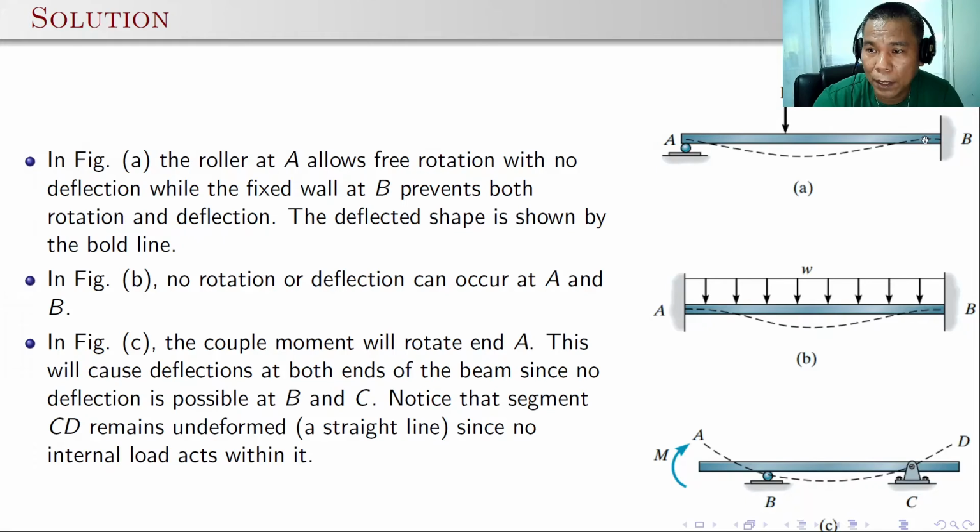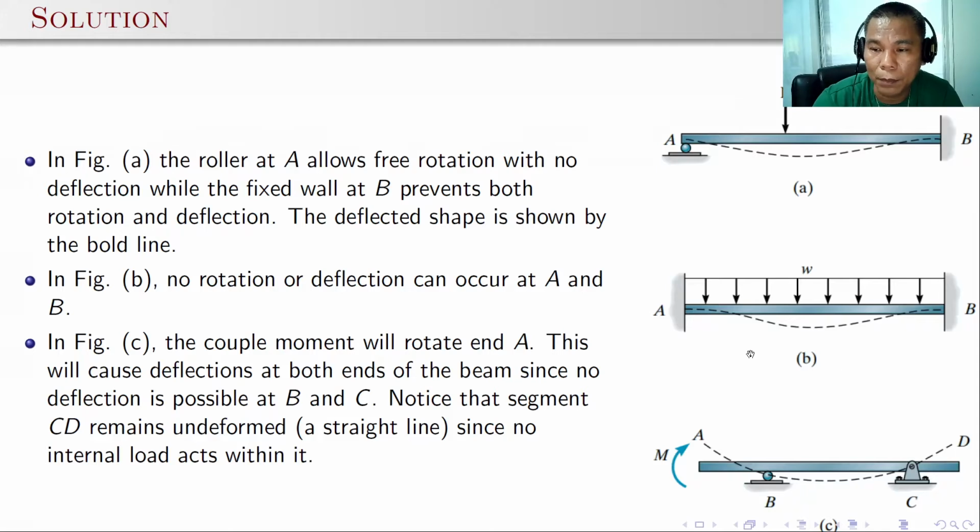So the elastic curve here is tangent to the structure. And since the loading is downward, possibly the rotation at point A is clockwise. Then you have to connect it with point B with a concave upward curve. So this is the qualitative sketch of the deflection diagram for this particular beam.